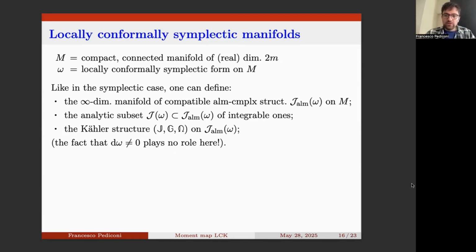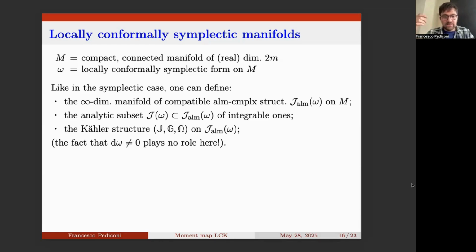And here the good thing is that we can do the same construction even in this locally conformally symplectic framework. So again, you can consider the set of those almost complex structures on the manifold that are compatible with omega. Actually, the definition is the same. So the fact that omega is not closed plays no role here.